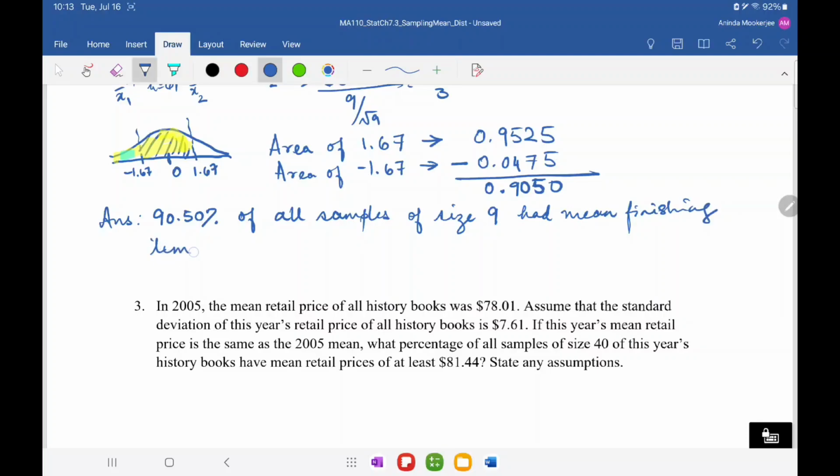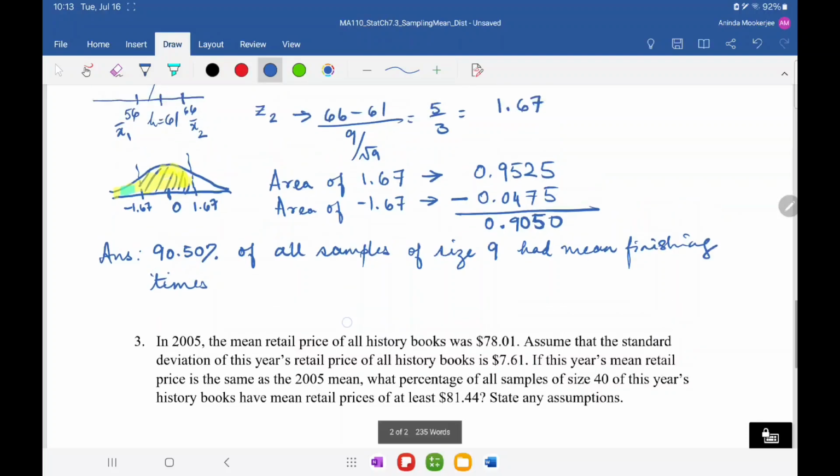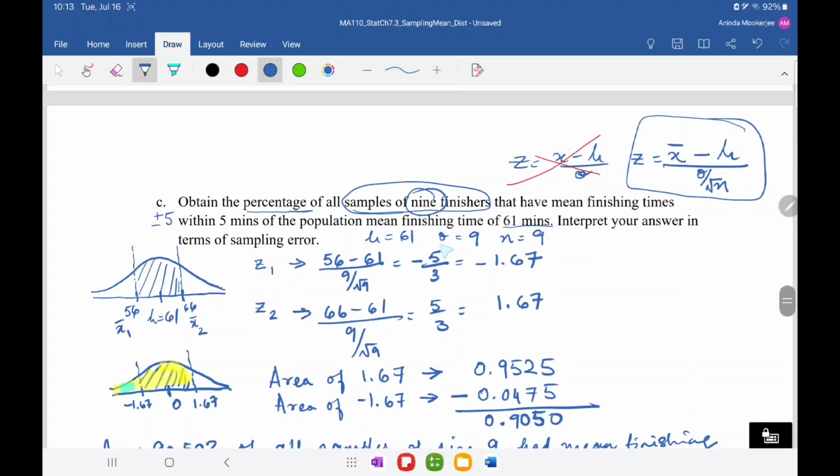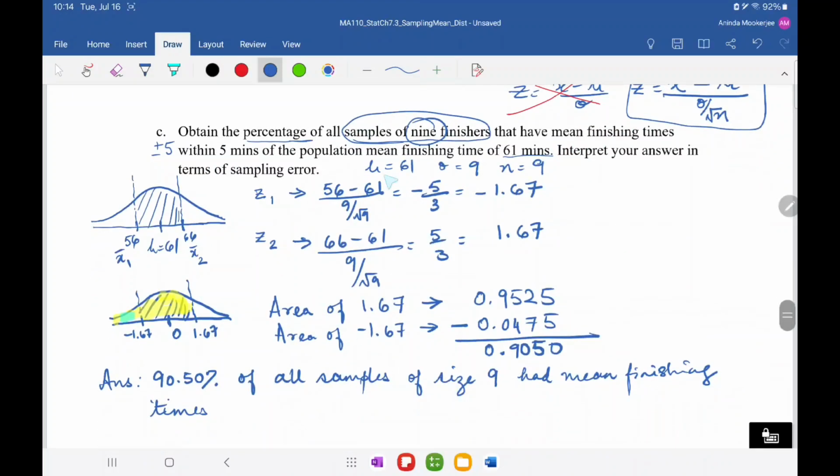Finishing times. Let's go back to the question because that's probably easier. Within 5 minutes, right? Have mean finishing times within 5 minutes of the population mean finishing time of 61 minutes. You can just verbatim copy this verbiage here up to this point.